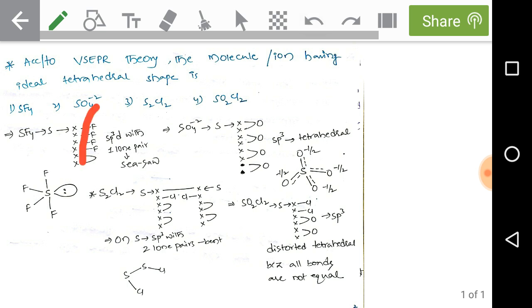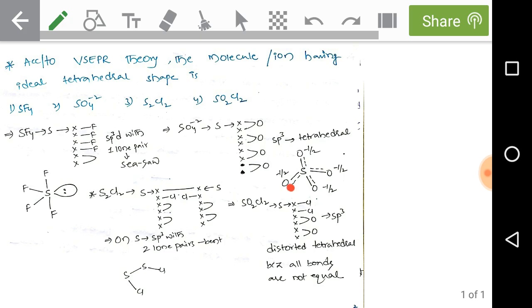Now the hybridization is sp3d with one lone pair, and we can say it has a seesaw shape. Now for SO4 2-, use the same approach and we get sp3 hybridization, which is tetrahedral in nature, because no lone pairs are observed for it.